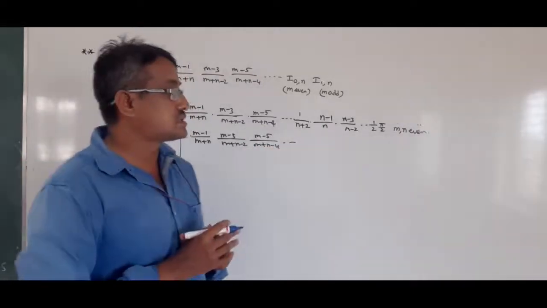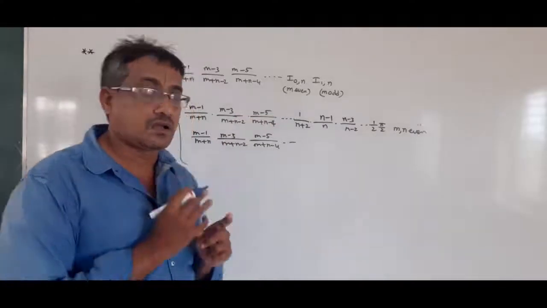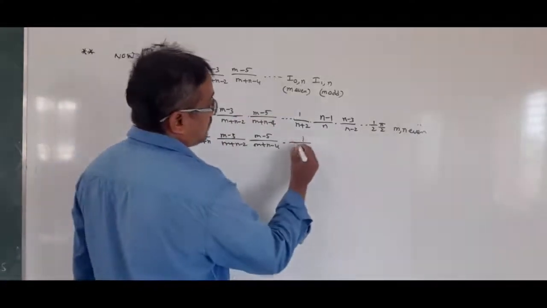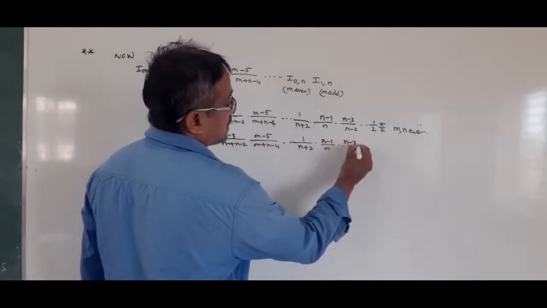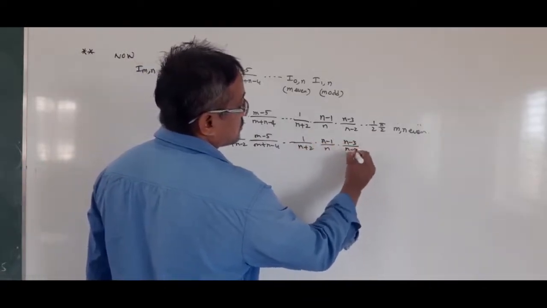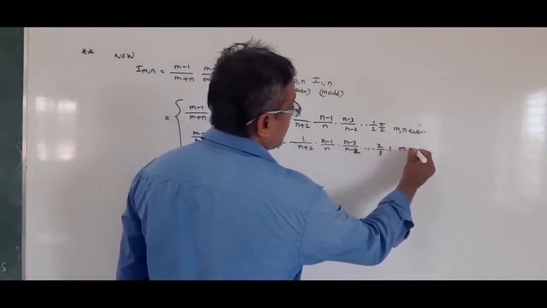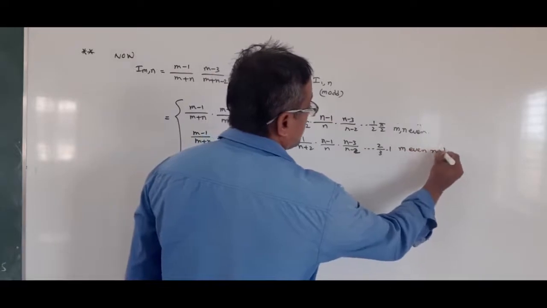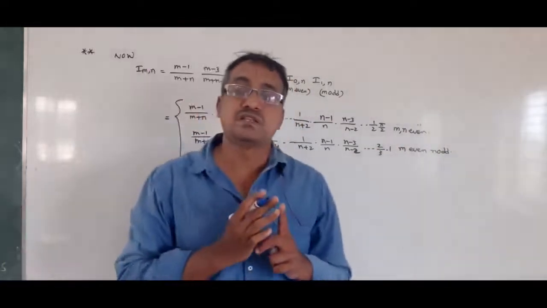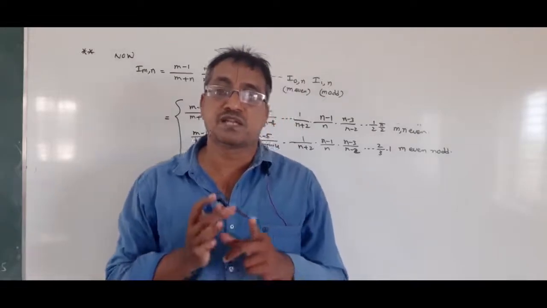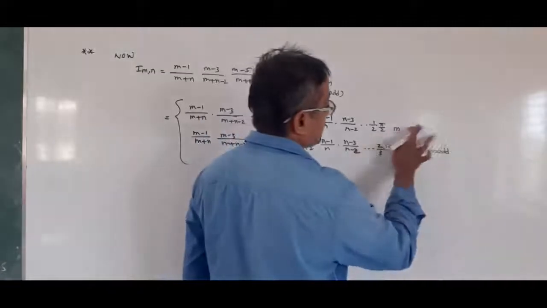Now suppose m is even and n is odd, then 1 by (n plus 2) into (n minus 1) by n, (n minus 3) by (n minus 2), and so on, 2 by 3 into 1, when m is even and n is odd. Very, very important: if m is even, you have to check whether n is even or odd. That is very, very important.